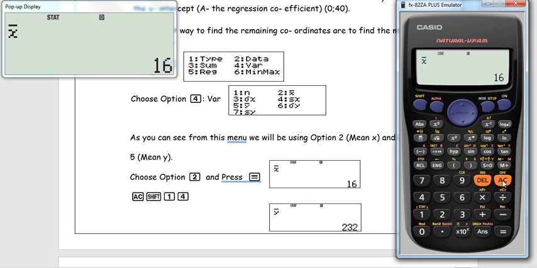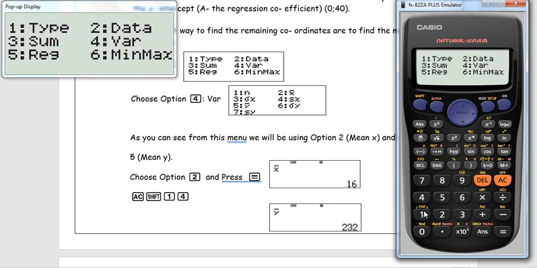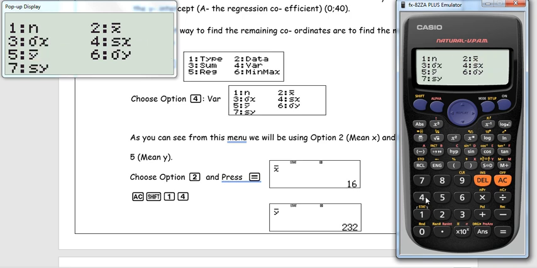Let's do the same for our y, but in order to do this, AC, shift, number 1. Remember, we are going into option 4, our VAR, variances. So option 4. I am needing to work out my estimated y value, so I'm looking at option number 5.